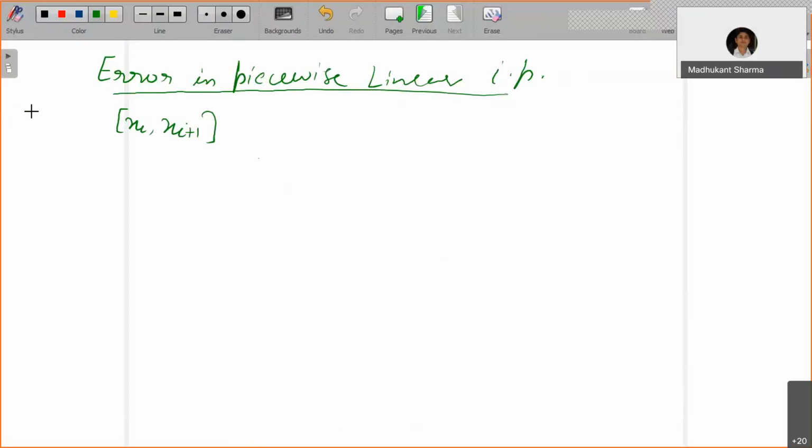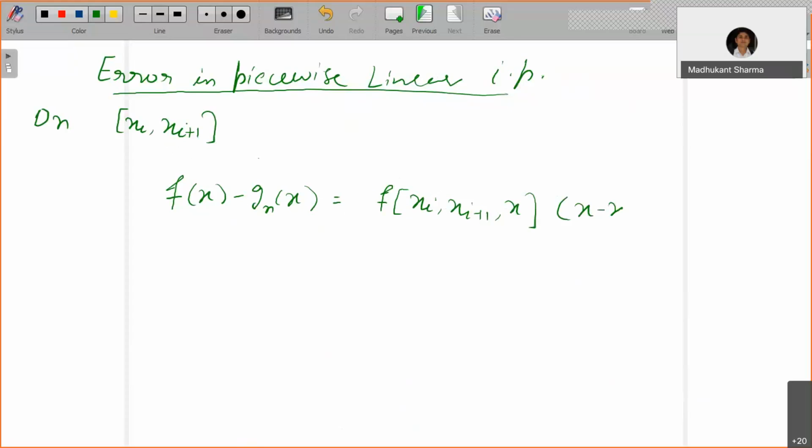On every interval we define the error. If you recall, f of x minus gn of x on this interval equals f of xi comma xi plus 1 comma x times (x minus xi) times (x minus xi plus 1).